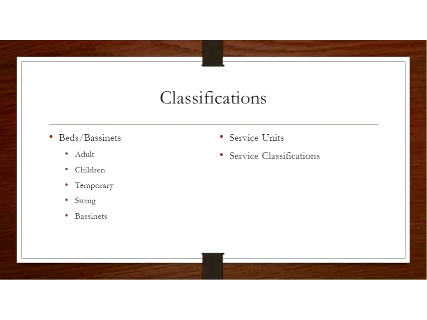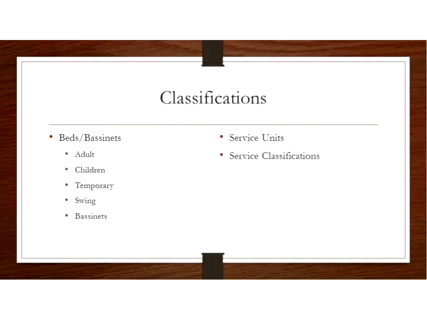Now, the service classification that you're choosing from is going to depend on those classifications that have been created at that facility in their policies and procedures. In your textbook on page 31 and page 32, they are providing you with some examples of service classifications, and these are the ones we're going to be using throughout our textbook.